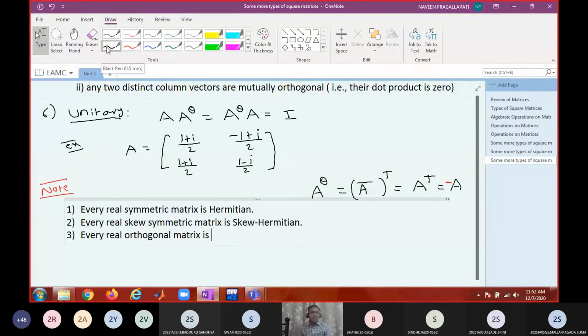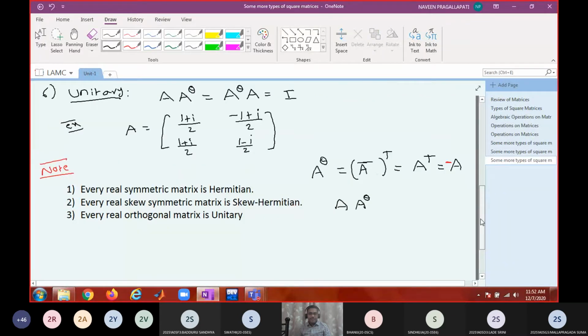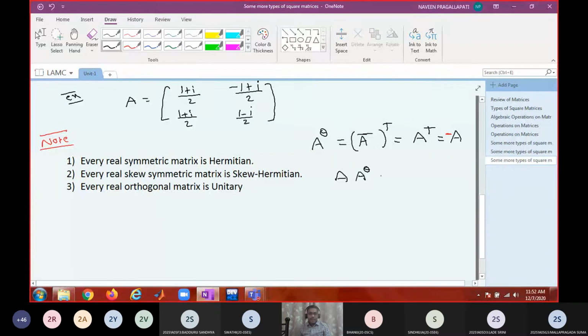Every real orthogonal matrix is unitary. Agreed? Now, what is the definition of unitary? A^θ must be equal to I, identity. What is A^θ? A bar whole transpose. But what is A bar?